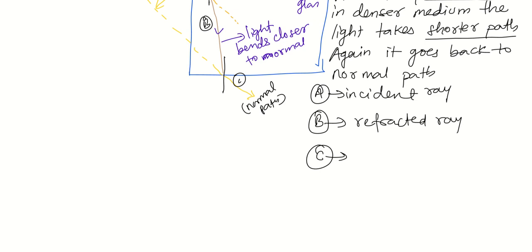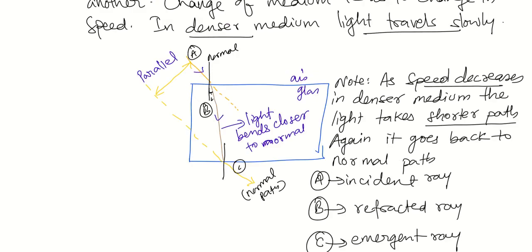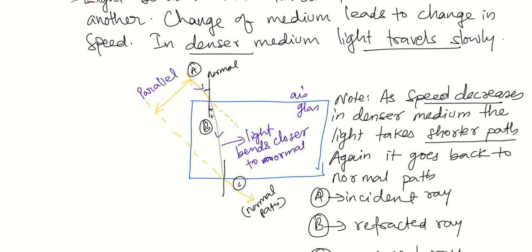Sorry, I will just erase it because it is not clear. So this is your emergent ray, and as usual this one is your angle of incidence. Sorry, I have to draw again. This is your angle of incidence and this is your angle of refraction.